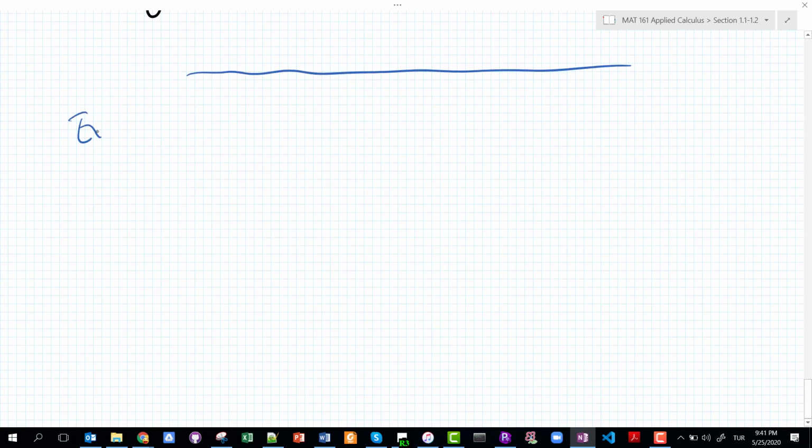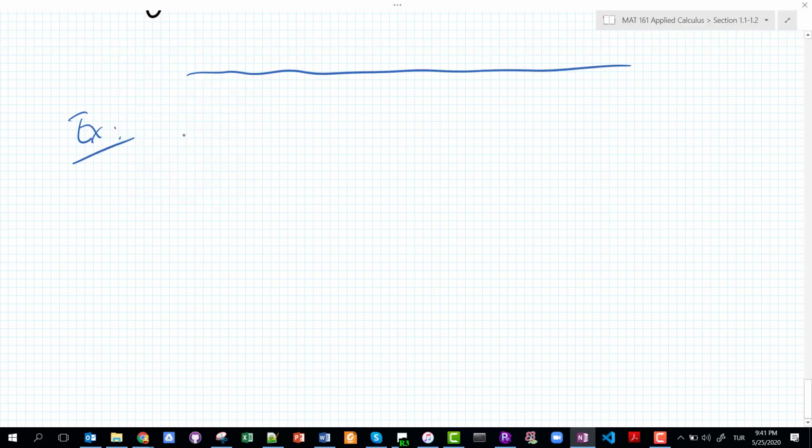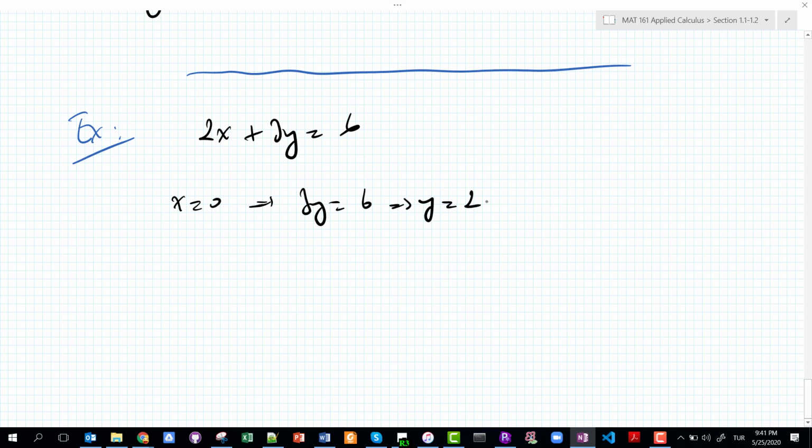Let me give you an example. Let's say 2x plus 3y is equal to 6. I set x equals 0. If x equals 0, 3y is going to be equal to 6, and then y is going to be equal to 2. If y is equal to 0, then 2x is going to be equal to 6, and then x should be equal to 3.